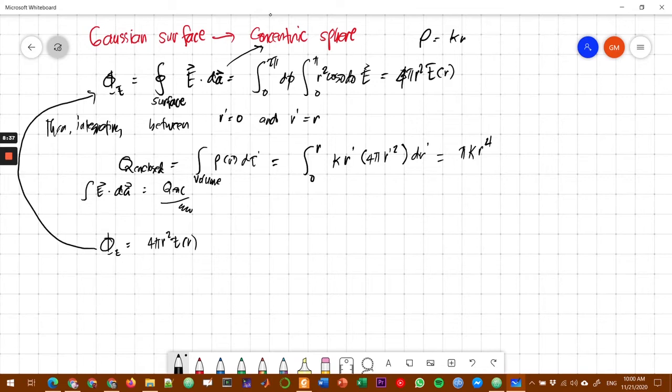So this equals Q enclosed over epsilon naught, and Q enclosed is just pi k r to the 4th.